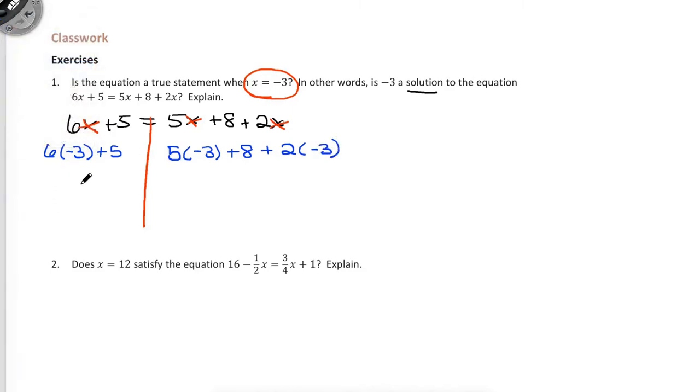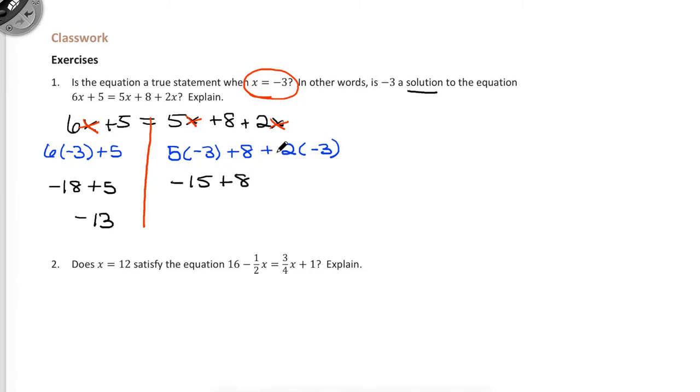Now we combine our terms. 6 times -3 is -18. Bring down your plus 5. -18 plus 5 gives me -13. Over here, I have 5 times -3 gives me -15. Bring down my 8.